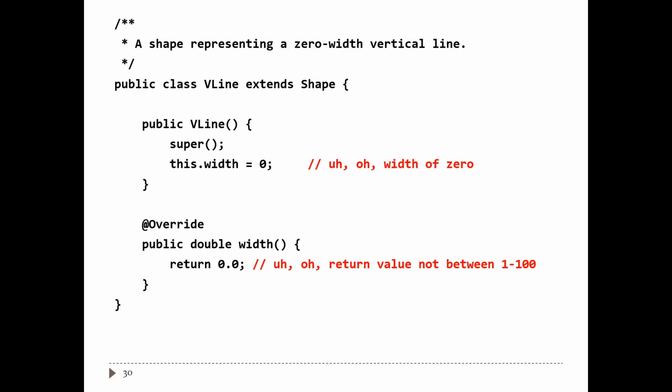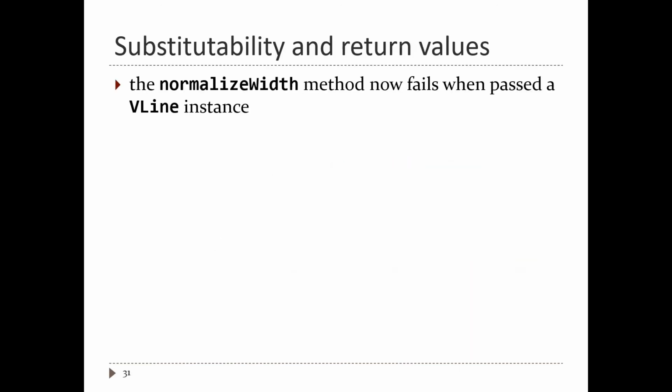We simply return 0 because that's the width of a vertical line, but that does not satisfy the contract for the width method that was inherited from the shape class. Now when somebody calls normalize width, passing in a vLine object, the normalize width method ends up throwing an exception. So it fails, even though it could pass every possible unit test that you could write, given the contracts of the shape class.